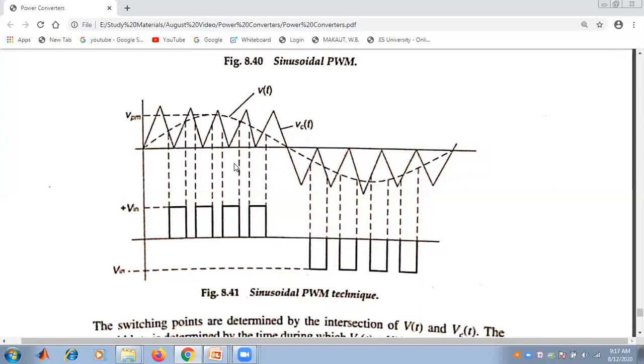This is the pulse width that we are obtaining where VCT is less than VT for that switching interval, and we will get the output of that particular portion. So this is the general sinusoidal pulse width modulation technique, known as SPWM.